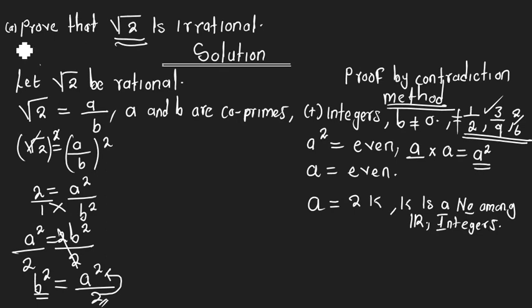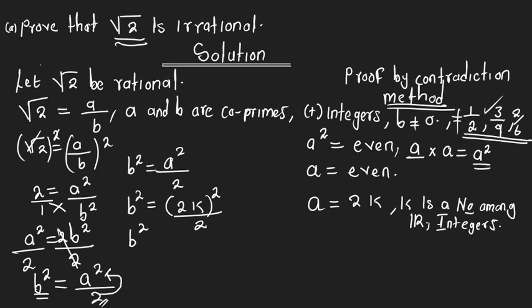Then when you reach here, it simply means that you are going to get your b squared equal to a power 2 over 2. Then this is going to be b power 2 equal to, so what there is a, I can replace with 2k, then I'm going to get power 2 there, then 2. Notice what is going to happen. I'm going to have b power 2 equal to 4k power 2 over 2.